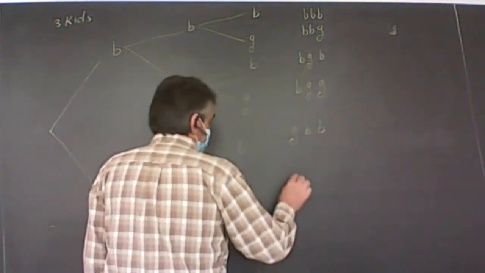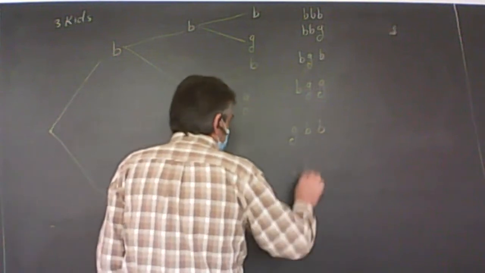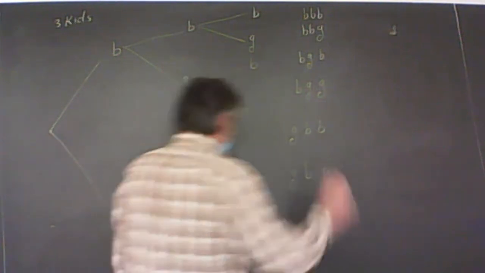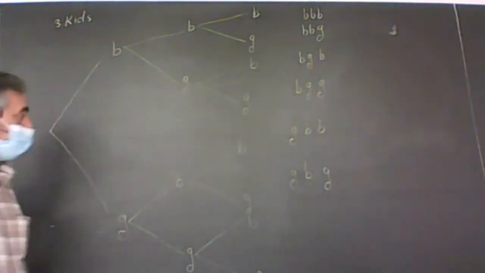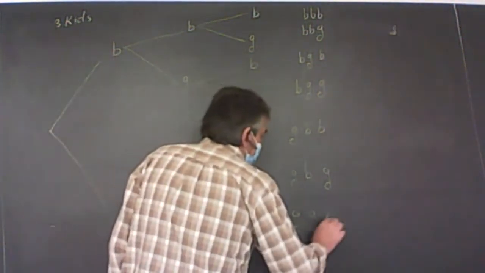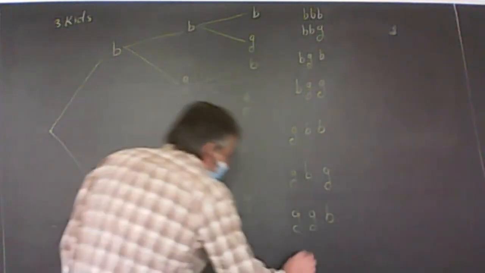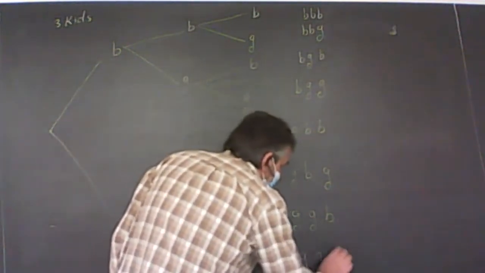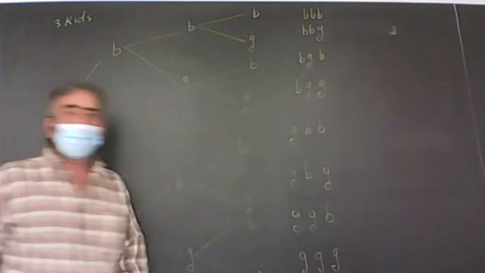First is a girl, then a boy, then a girl. And then we could have girl, girl, boy, or all three of them are girls.